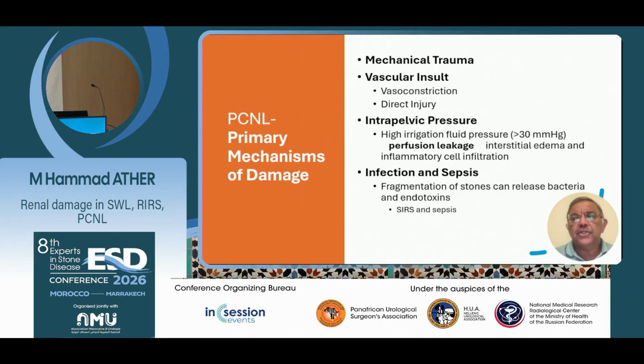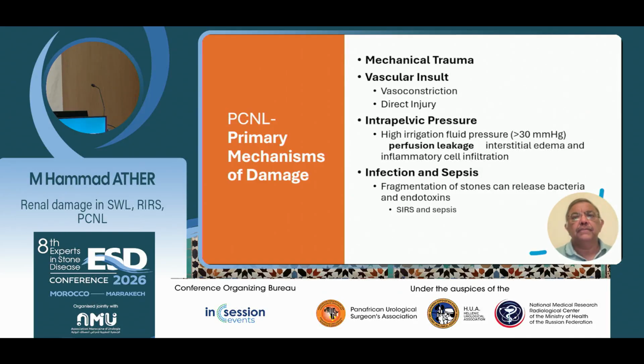High intrarenal pressures are relatively less frequent in percutaneous surgeries due to adequate drainage. However, it can happen, and perfusion leakage will occur if the pressure goes above 30. Interstitial edema and inflammatory cell infiltration would be a consequence, and it can result in long-term damage as well.